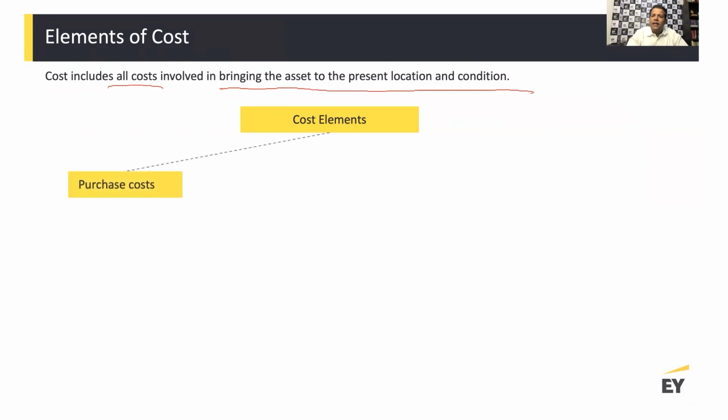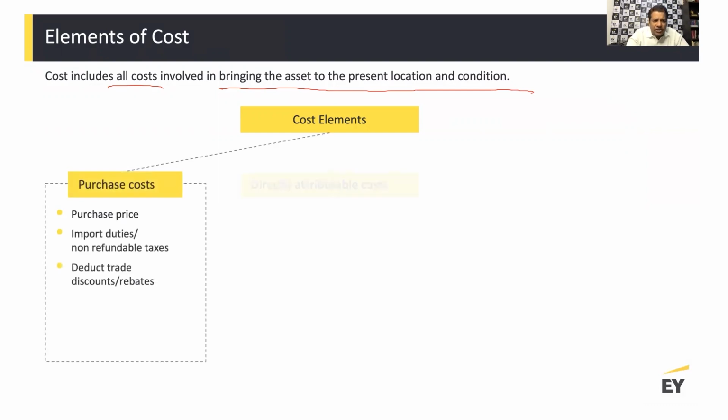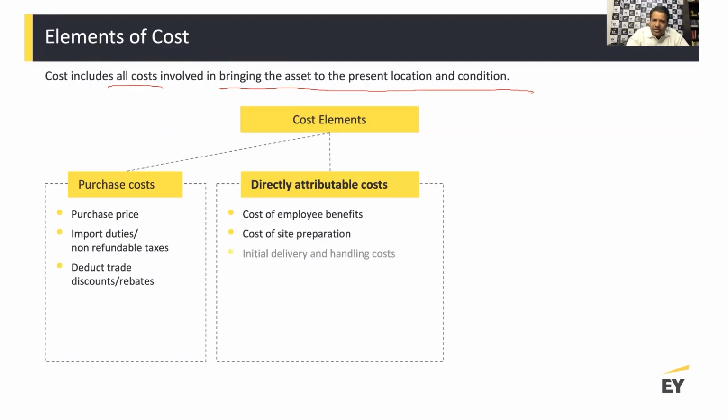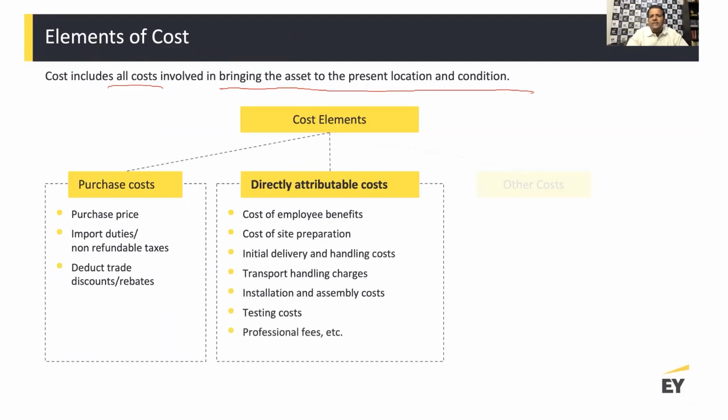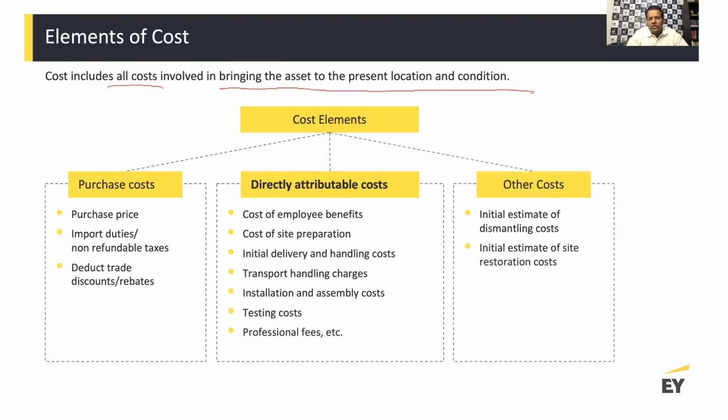So what are the different elements of cost? When you look at that, there is the purchase cost, there is the directly attributable cost, as well as other elements of cost, all of them put together in a way as part of the cost. So it's the purchase price, the import duty, and non-refundable taxes.